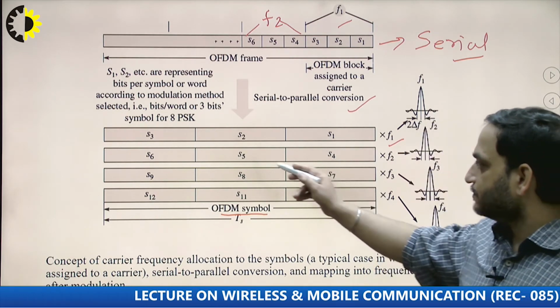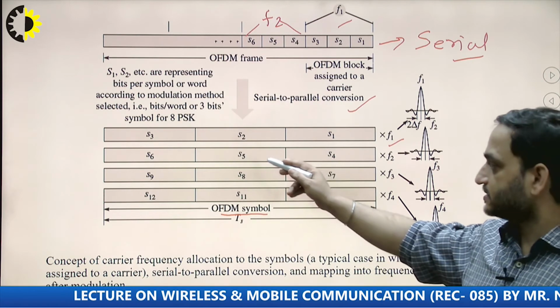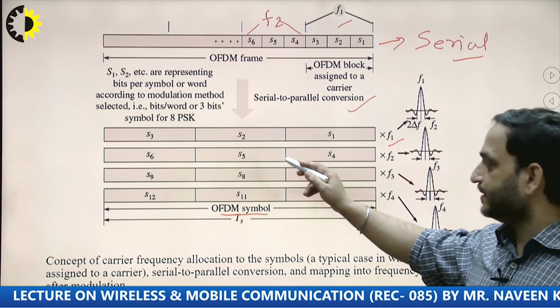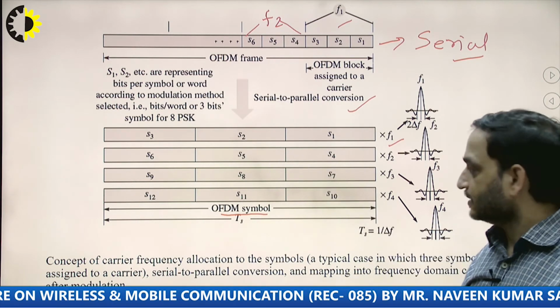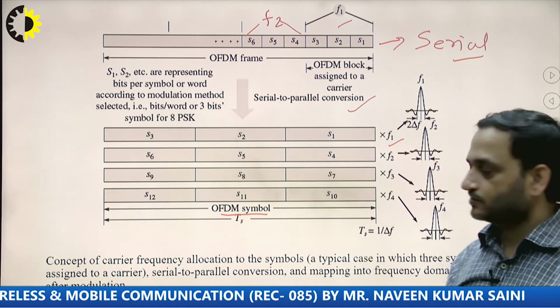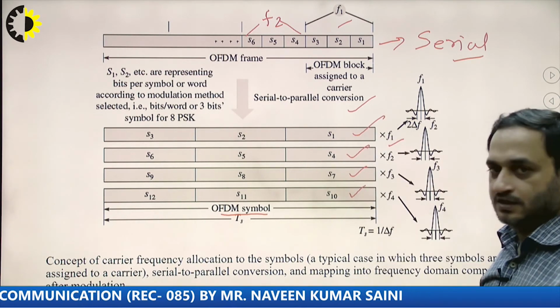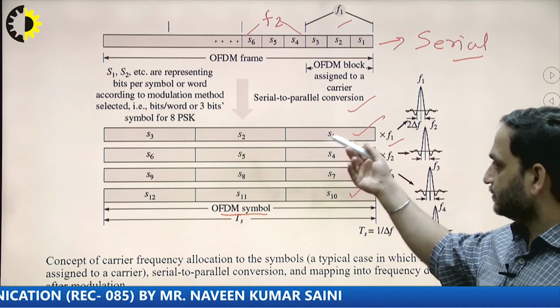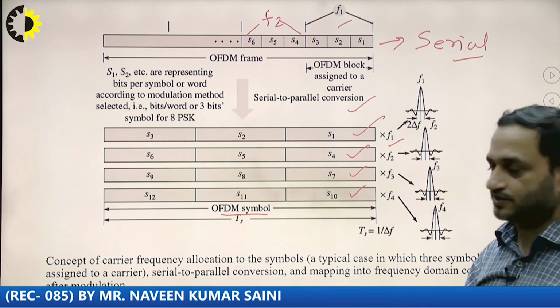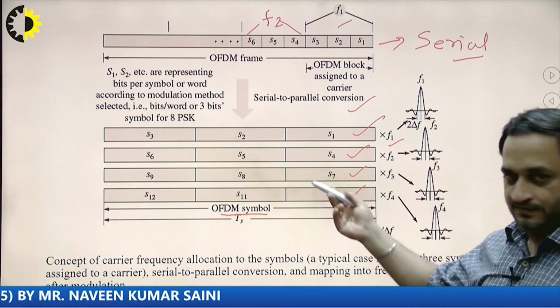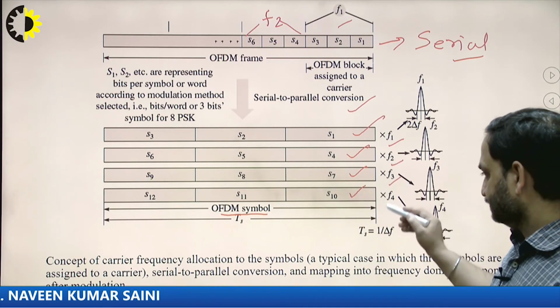Then we have this second set of the parallel bits, that is S4, S5, S6. So this is the first parallel stream, the second, third and fourth. We are multiplying each stream, each 3 symbols, with the frequency F1, then the second one with F2, S4.